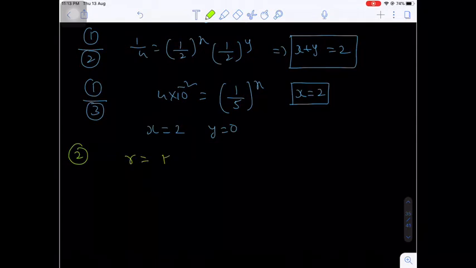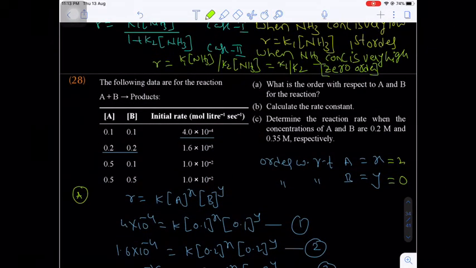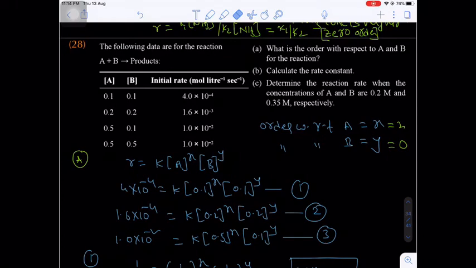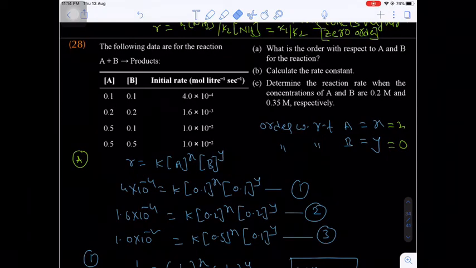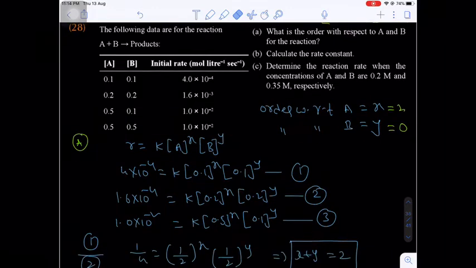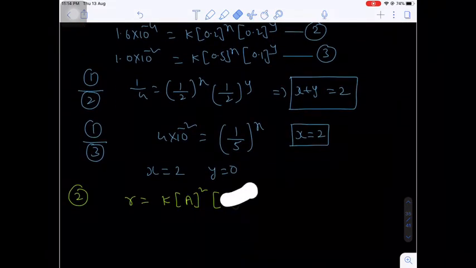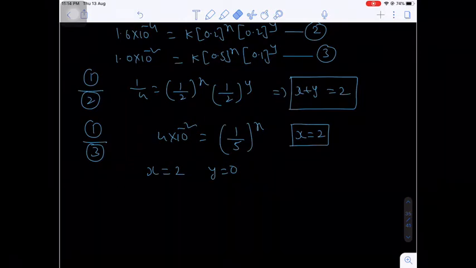I am writing the rate expression, r is equal to k into A to the power 2 and B to the power 0. Are you getting my point? Now here, with the help of the given information we can directly predict the order of the reaction also. This is the second method I am explaining here.